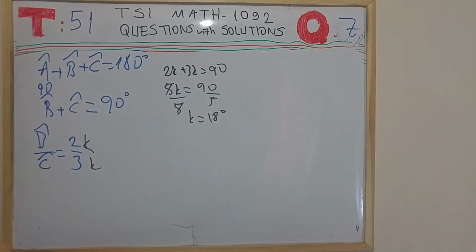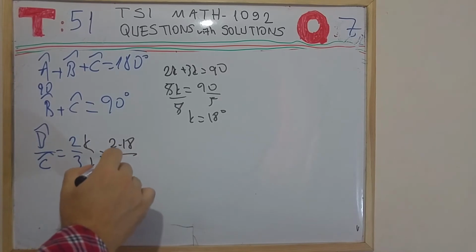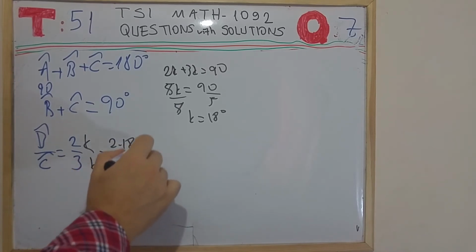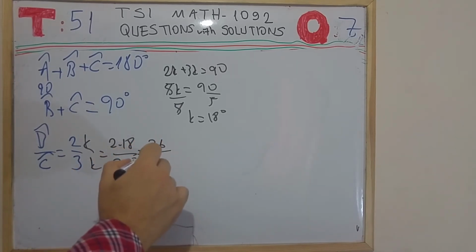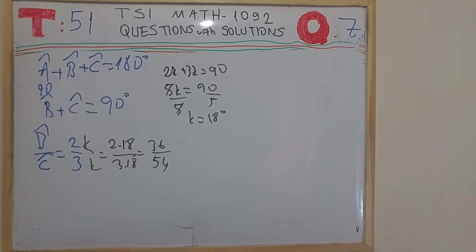Therefore, the small angle B is equal to 2 times 18, and C is equal to 3 times 18, which are respectively 36 and 54. Now what they are asking me is the smaller angle B, so it's 36.